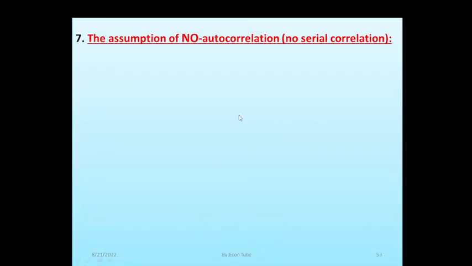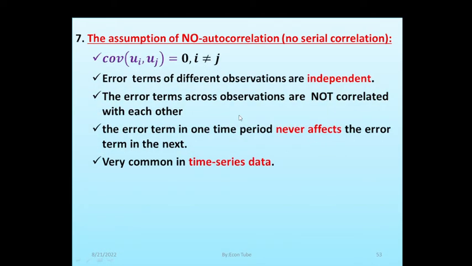About the assumption of no autocorrelation or no serial correlation: it means the covariance of two error terms must be zero, where i and j are not equal. Error terms of different observations are independent. The error terms across observations are not correlated with each other.